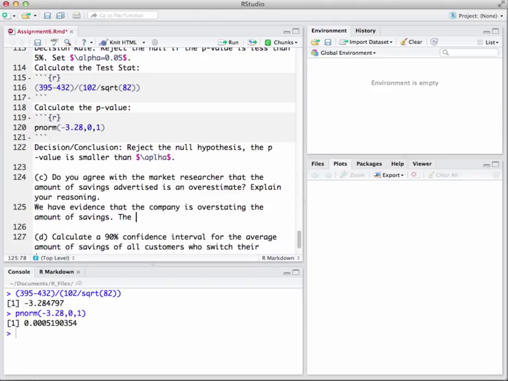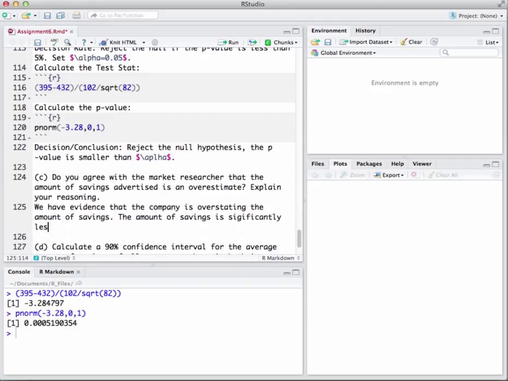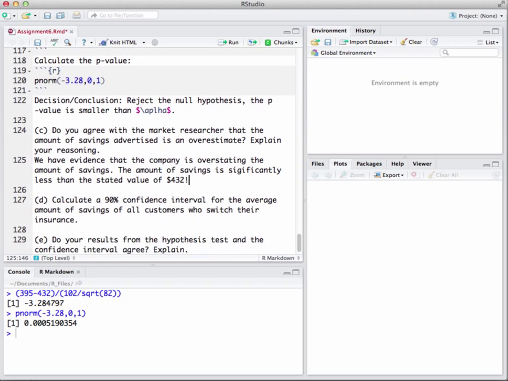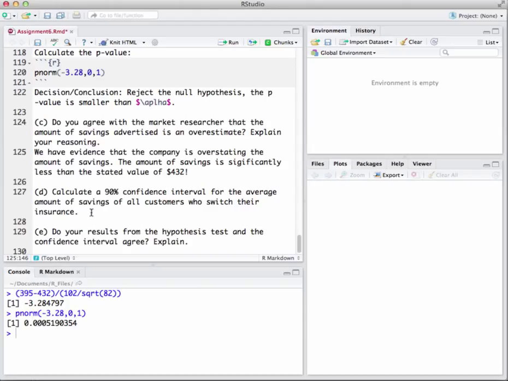The amount of savings is significantly less than the stated value of 432. Exclamation point.